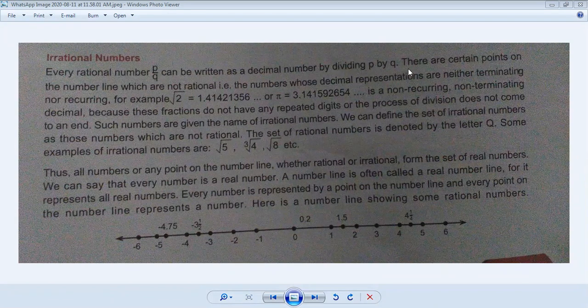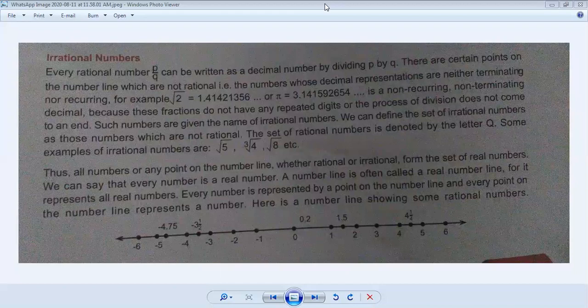But there are certain points on the number line which are not rational, that is, numbers whose decimal representation is neither terminating nor recurring.